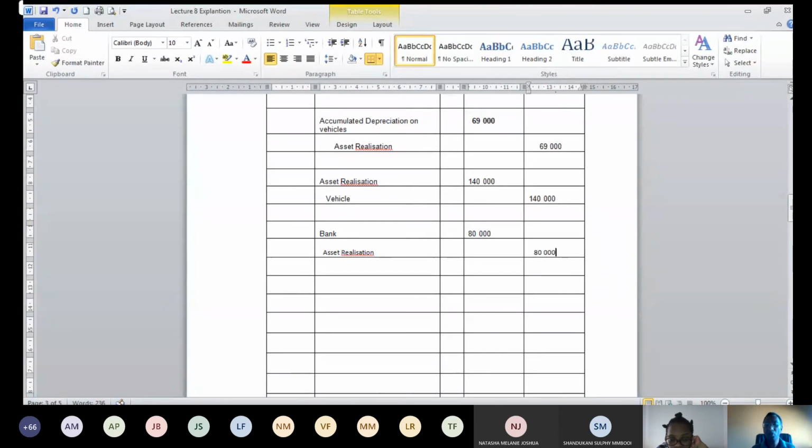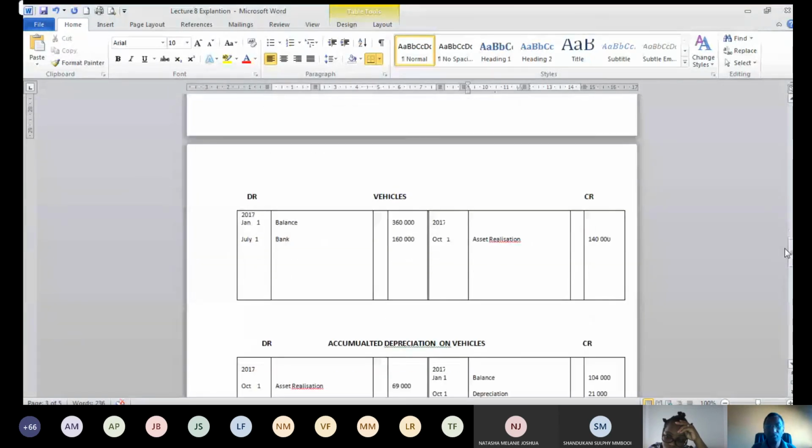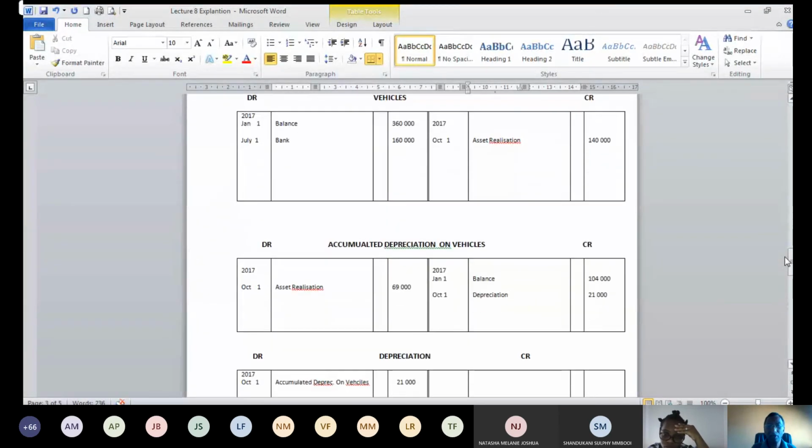Step number 4, we take a look at how we sold the asset. Take a look at the selling price. We record the selling price: debit the bank account, credit asset realization, and the amount is 80,000 rand. To record that into our ledger, go to your ledger account.